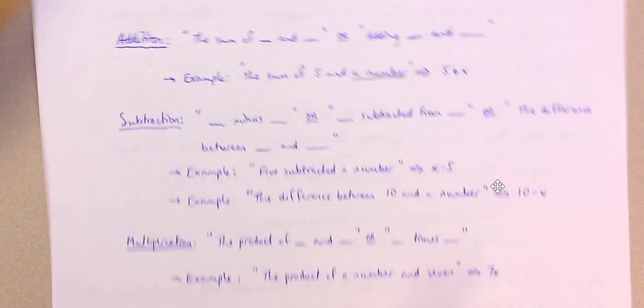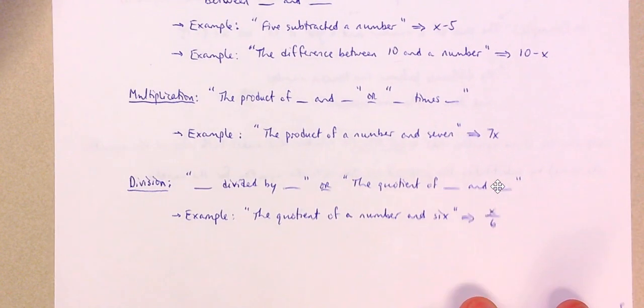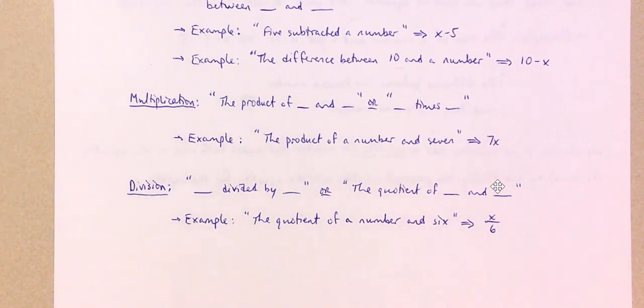What are the key words or phrases for multiplication? If you see the product of blank and blank, or you see blank times blank, that's saying, okay, we have multiplying happening here. Case in point, the product of a number and 7.